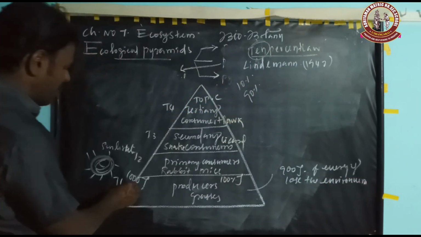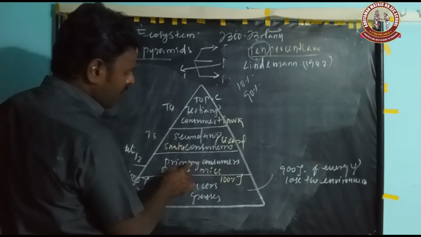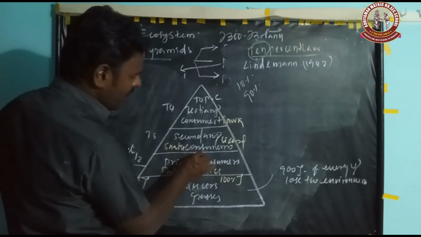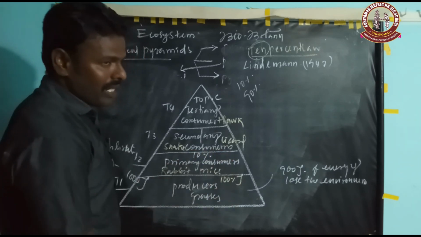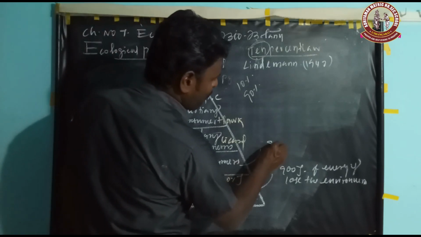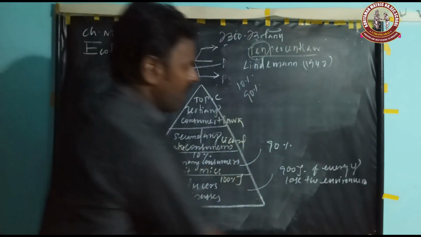That is trophic level 1. Trophic level 2, you see there. So these feed from the energy of the producer. So only 10% of energy is utilized here. So the remaining 90% of the energy is lost to the environment.